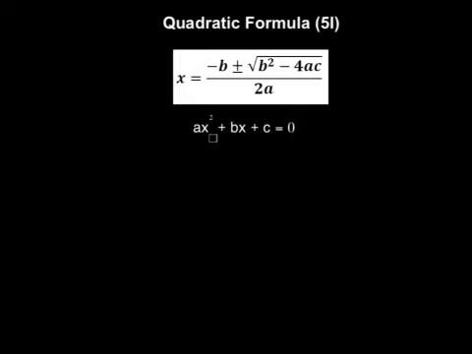But before we delve into some questions, we're going to have a look at some handy hints this formula provides us. This part here, the square root of b squared minus 4ac, is going to tell us how many solutions there are for x, okay? If b squared minus 4ac is greater than 0, there are going to be 2 solutions.